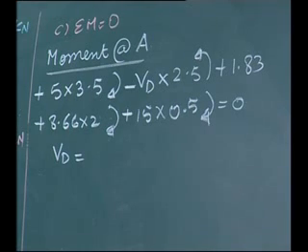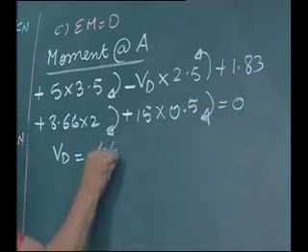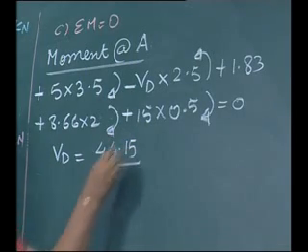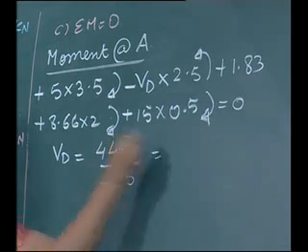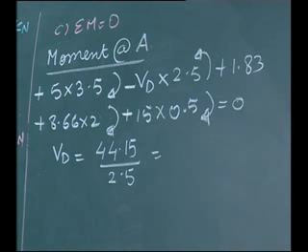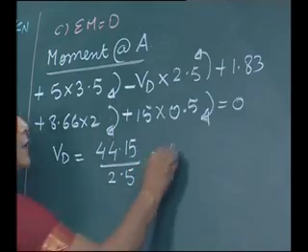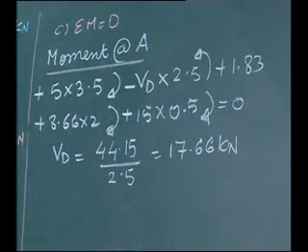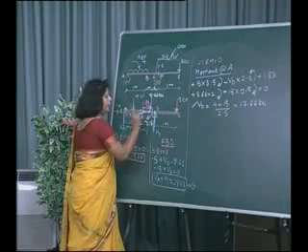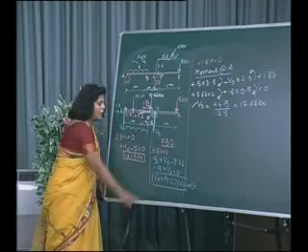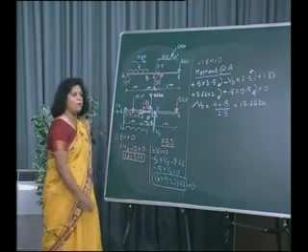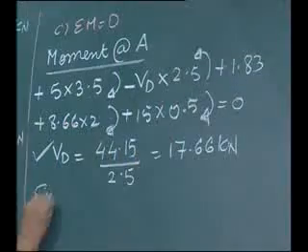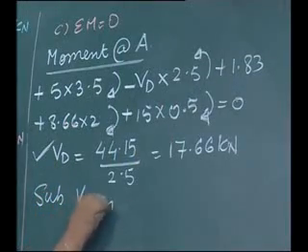That gives you 44.15 divided by 2.5, that gives you 17.66 kilonewtons. So we have got the first answer, that is the vertical reaction VD equal to 17.66. Now to find the value of VA, I can substitute in my equation number 1. So substitute VD in equation 1.